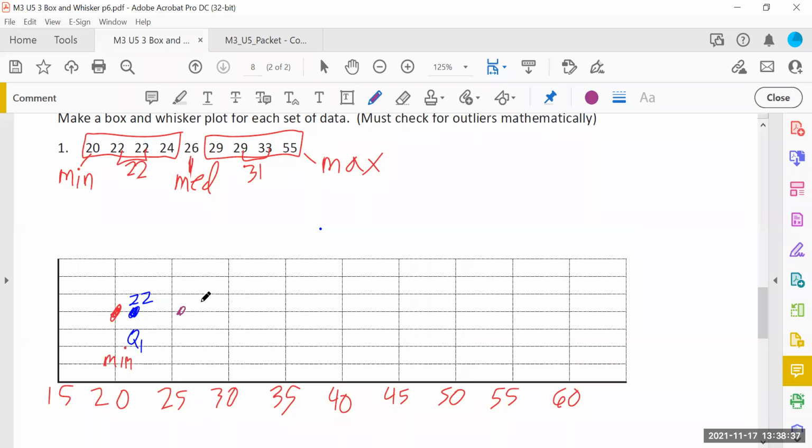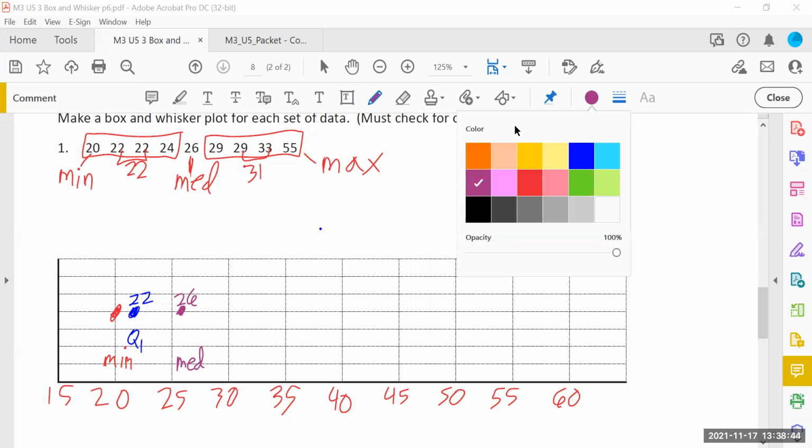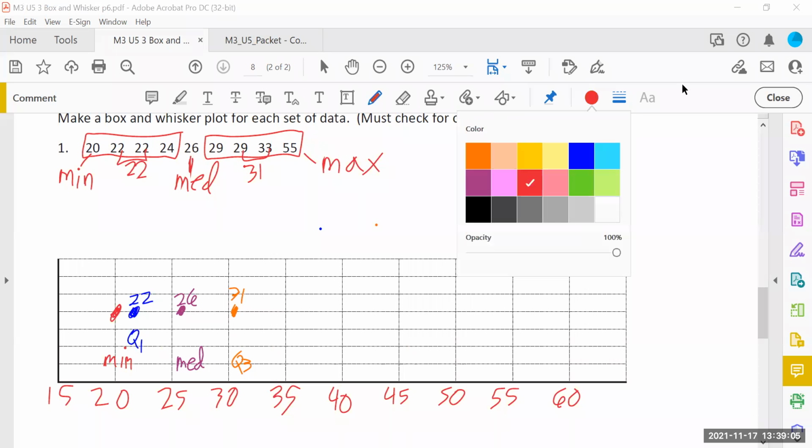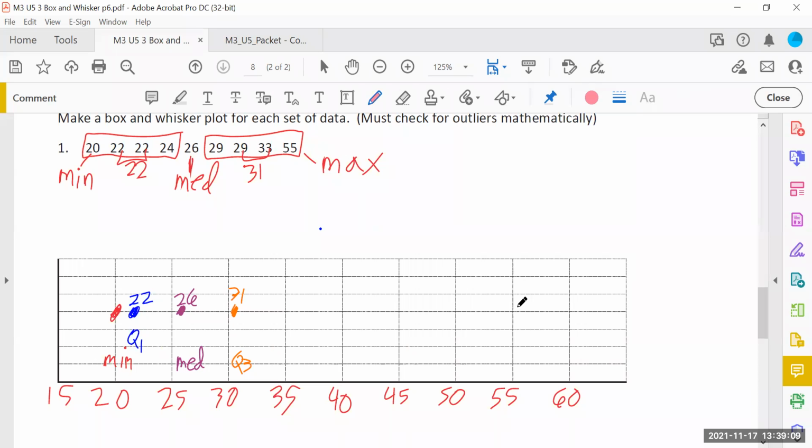That's my median. 31 up here. That's my Q3. And then my maximum right now is 55. Put that way up here.